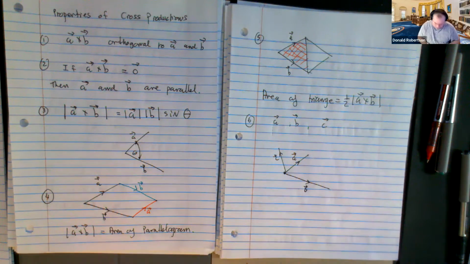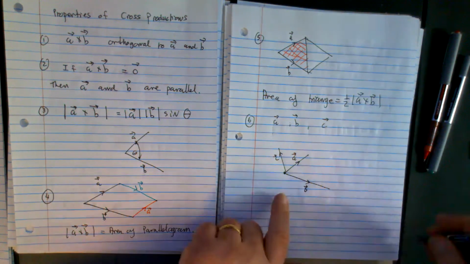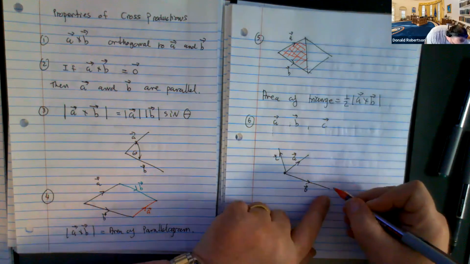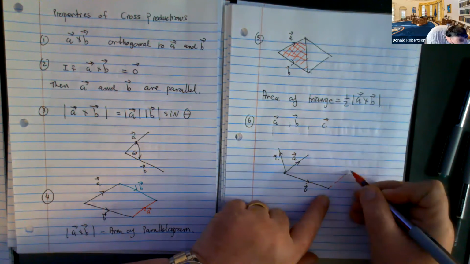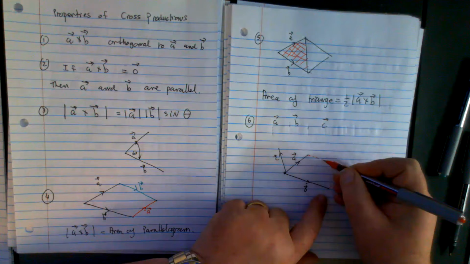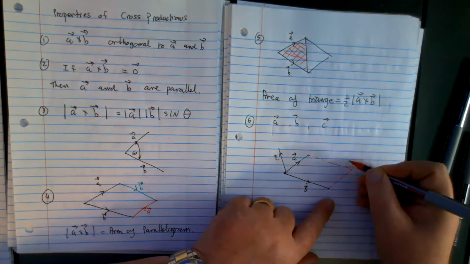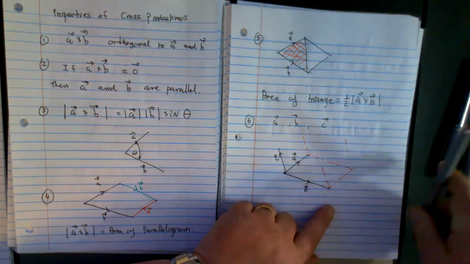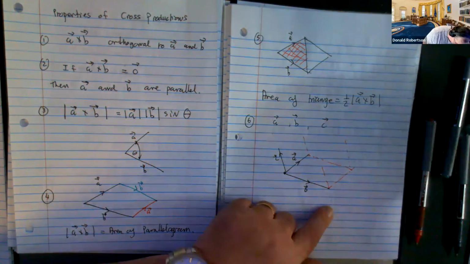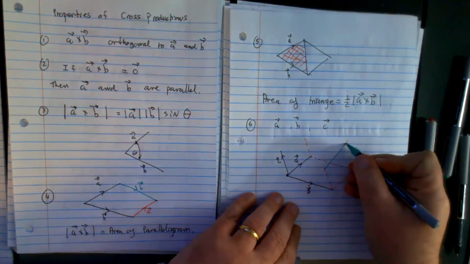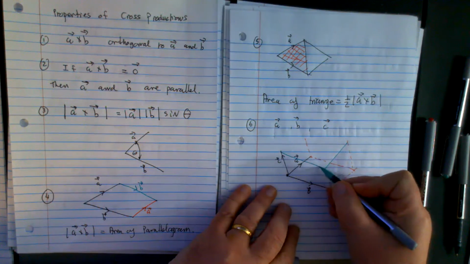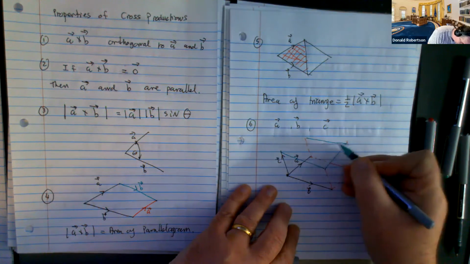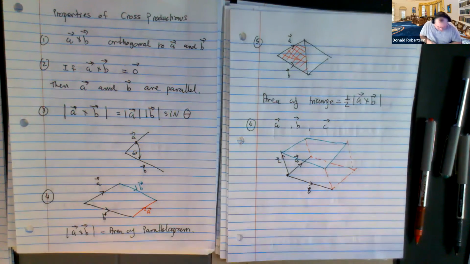They're different directions. If you take this shape and you add in some guys that are all parallel to it, and you join it together, can you imagine a box shape being created by the vectors A, B, and C?